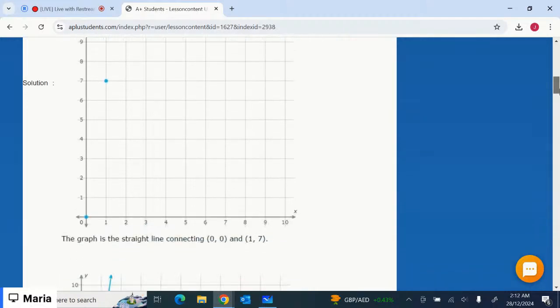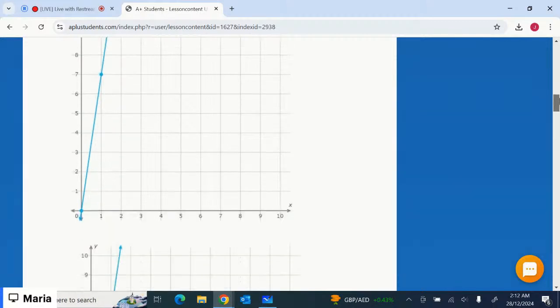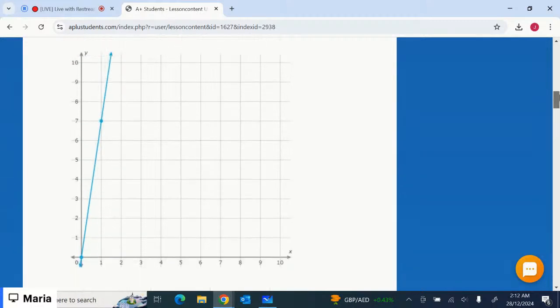So first thing is to plot the point. Here is the point, that is 0, 0. You have to move up 7 points and right 1 point. So you need to join these 2 points and make a line. So here is the graph of the equation.